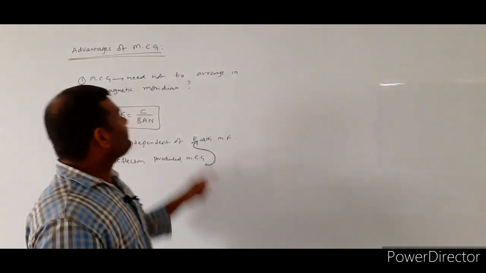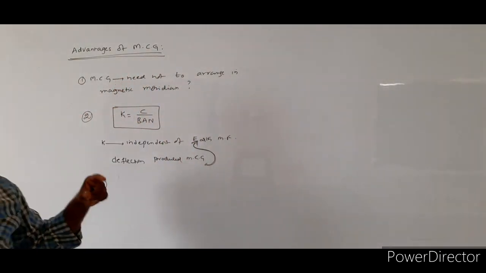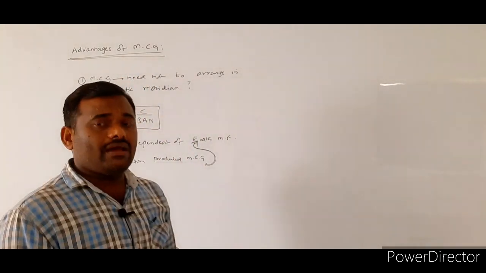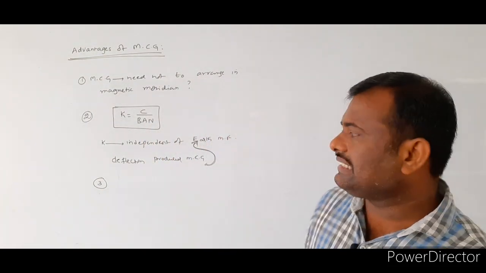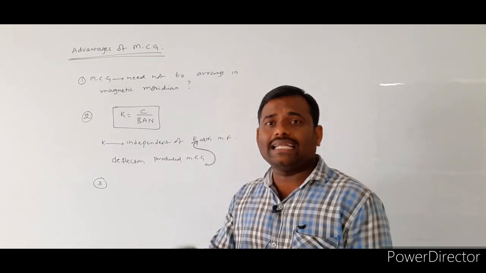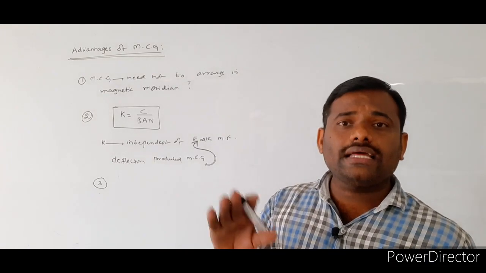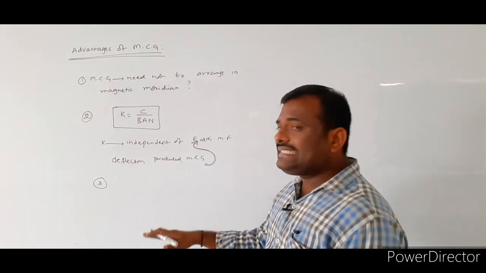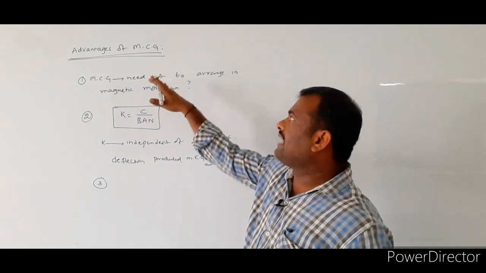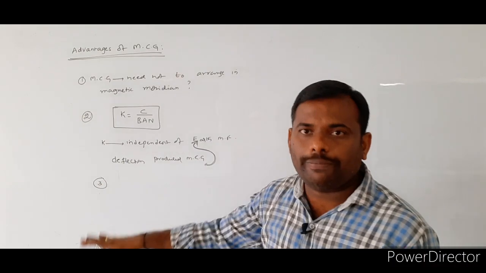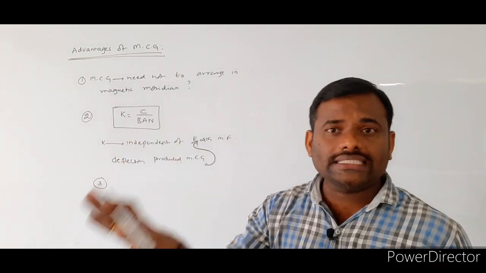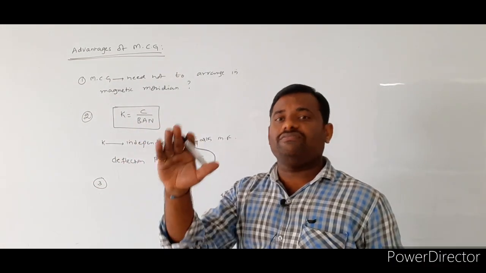But in the case of the moving coil galvanometer, while you are doing the experiment, if any other magnetic materials are present and surround the moving coil galvanometer arrangement, the deflection does not change. The reading value is not affected.